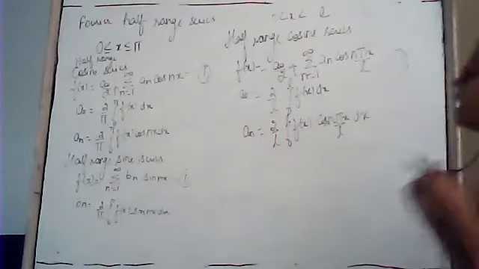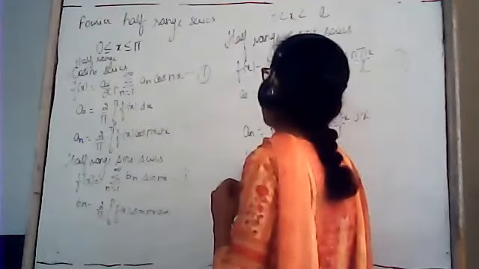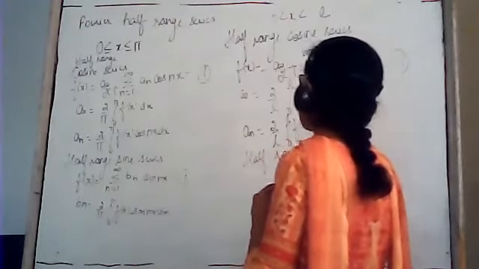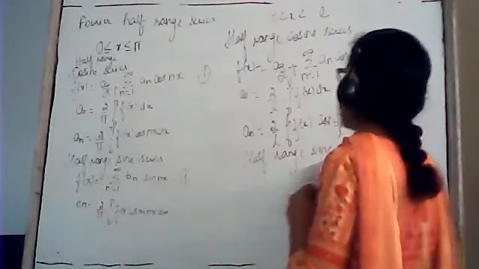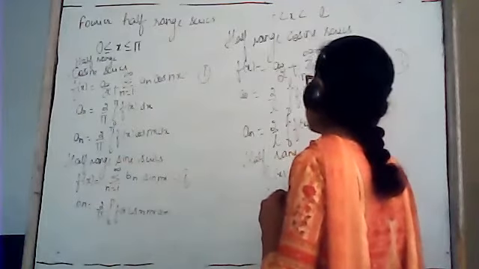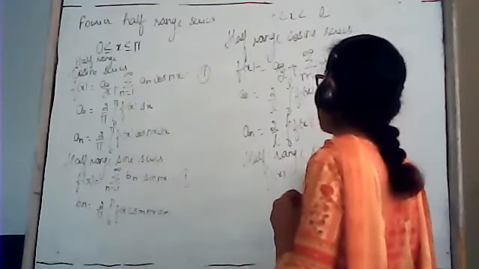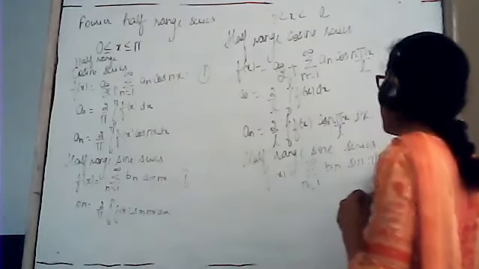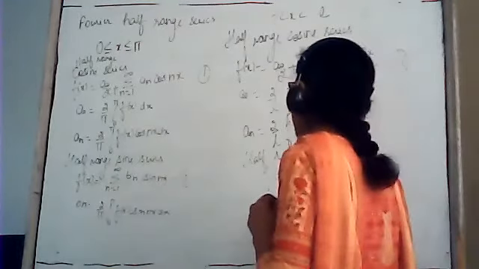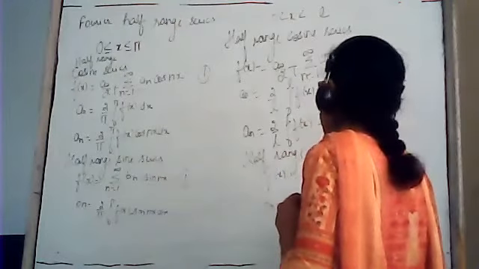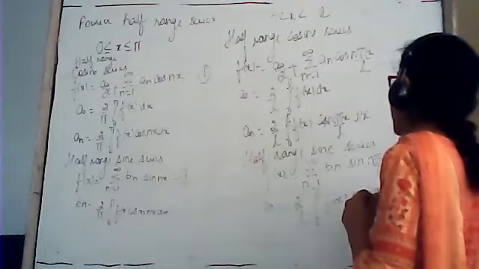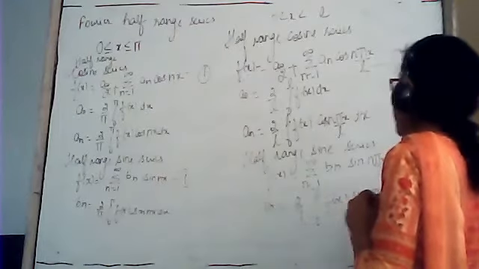After that, if we have to find the Fourier half range sine series in the interval 0 to L, in that case, f(x) is equal to summation n varies from 1 to infinity b_n sine of n pi x upon L, where b_n is given by 2 by L, integral 0 to L f(x) sine of n pi x upon L dx.